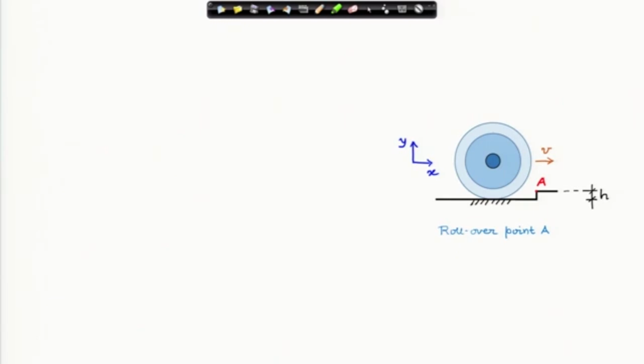Therefore, angular momentum of the wheel about that point just before the collision and just after the collision will be the same. The angular momentum will remain same just before the collision and just after the collision about that point.